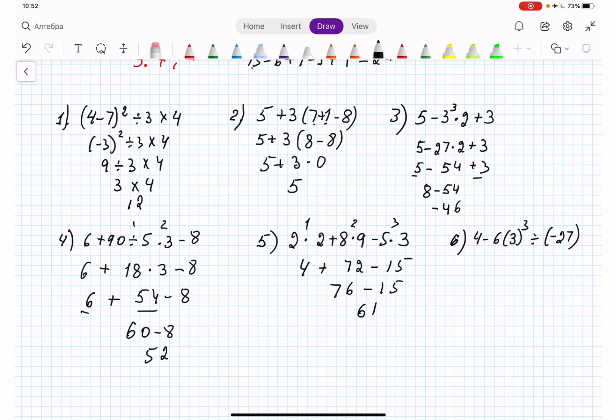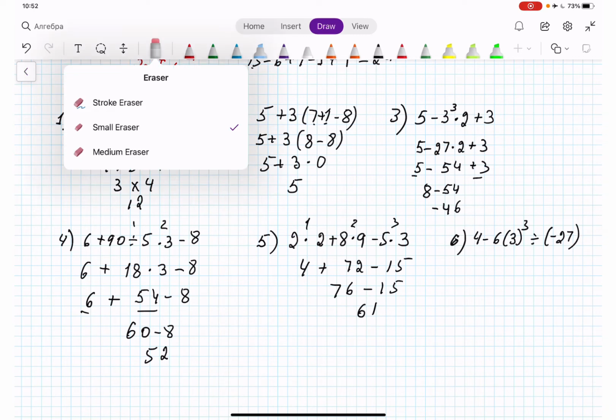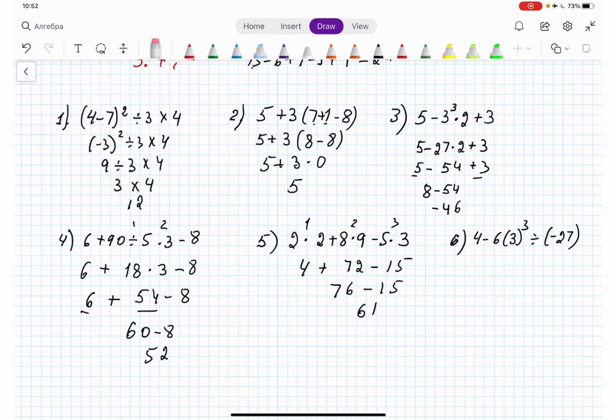Actually, we don't even need this parenthesis around 3. I will take this off. Okay, just put times 3 to power 3. That's easy. Okay, so first thing we are going to do, raise to power, right?